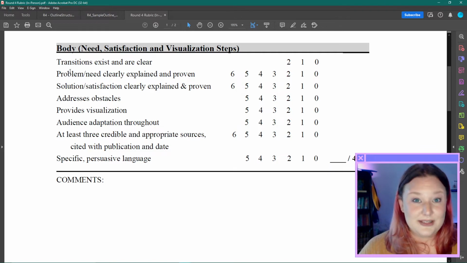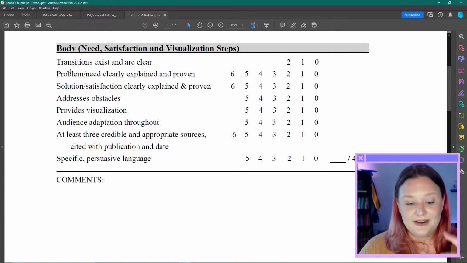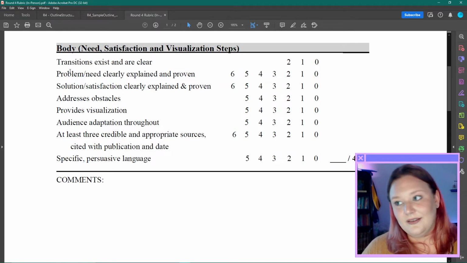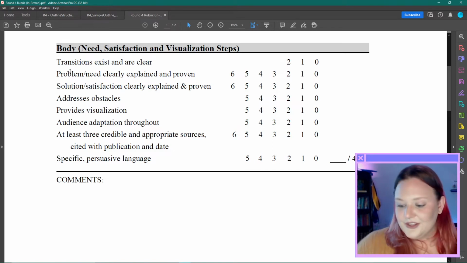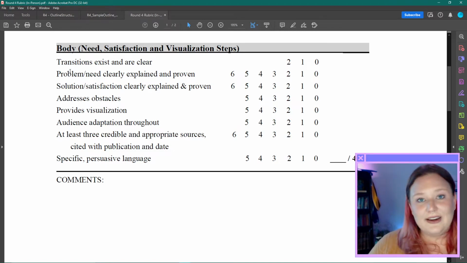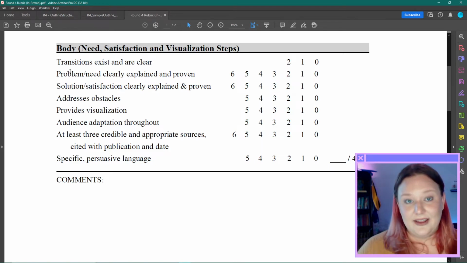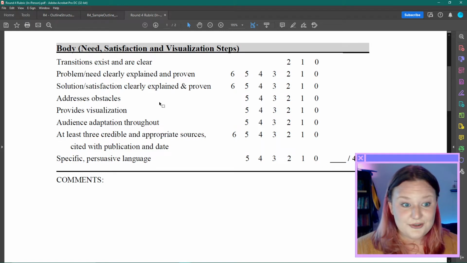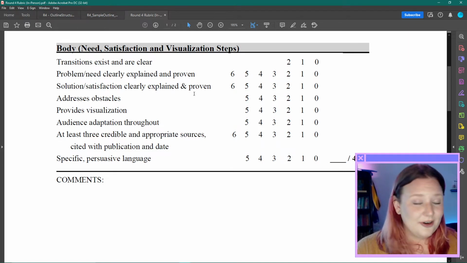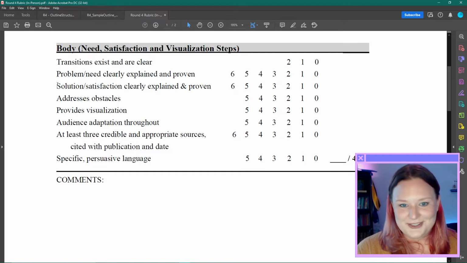Make it real to them. Impress on them the necessity of getting rid of this problem or satisfying this need. Convincingly prove that this thing is having a negative impact. Of course, you should also use strong argumentation: claim, evidence, reasoning. That goes for the whole speech.